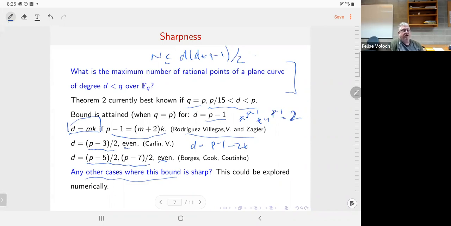And it's usually an equation in two variables. So this situation of plane curves is very, very relevant for a number of applications. You never write a general curve in genus g. So this should be explored more, I think.